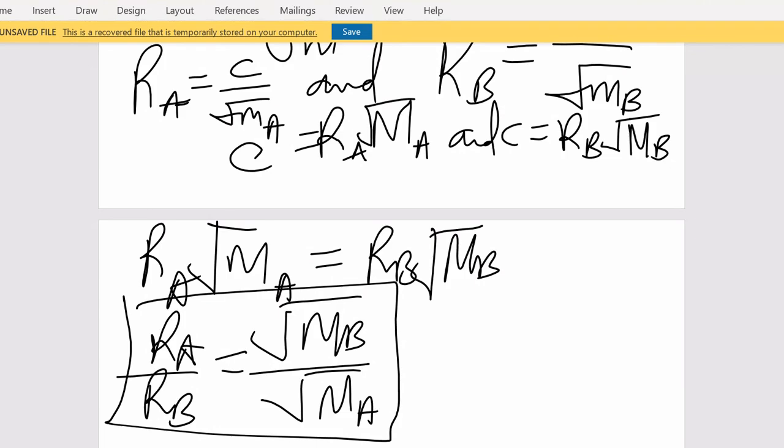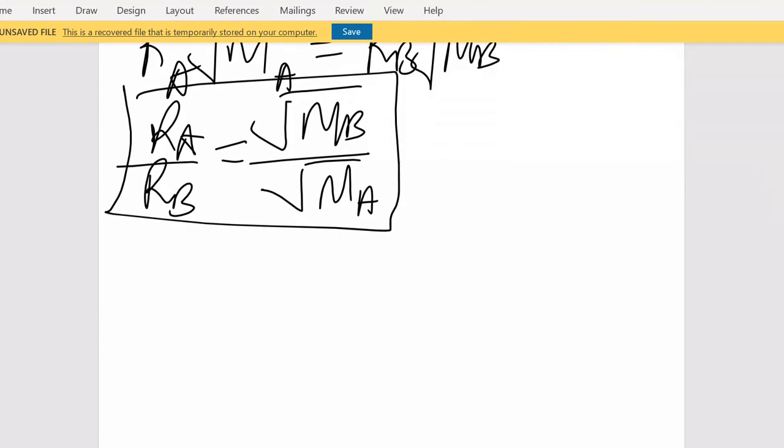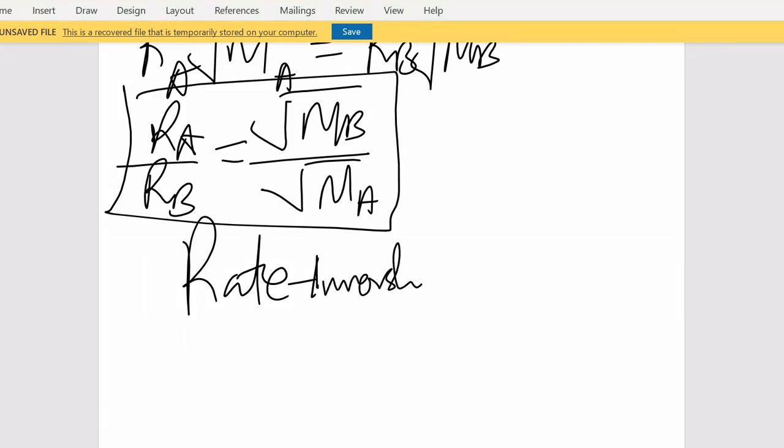How can we introduce or rather compare the rate of diffusion with time? So for time, we talk of rate being inversely proportional to time.